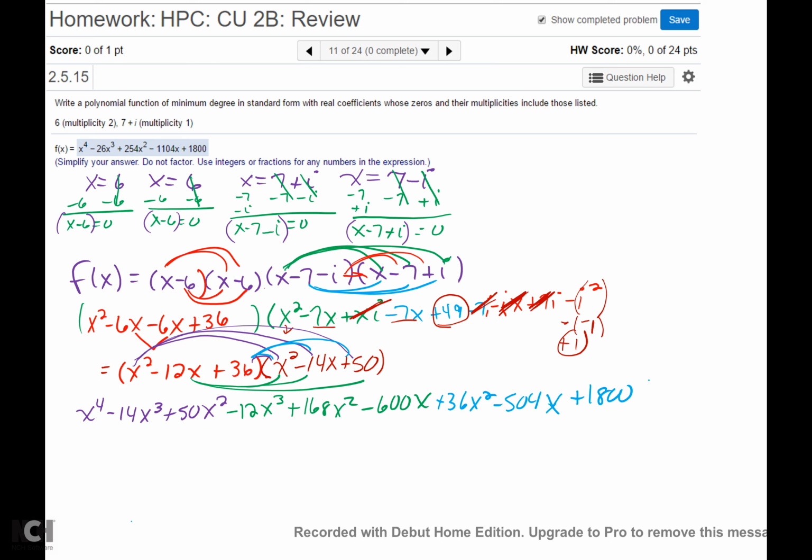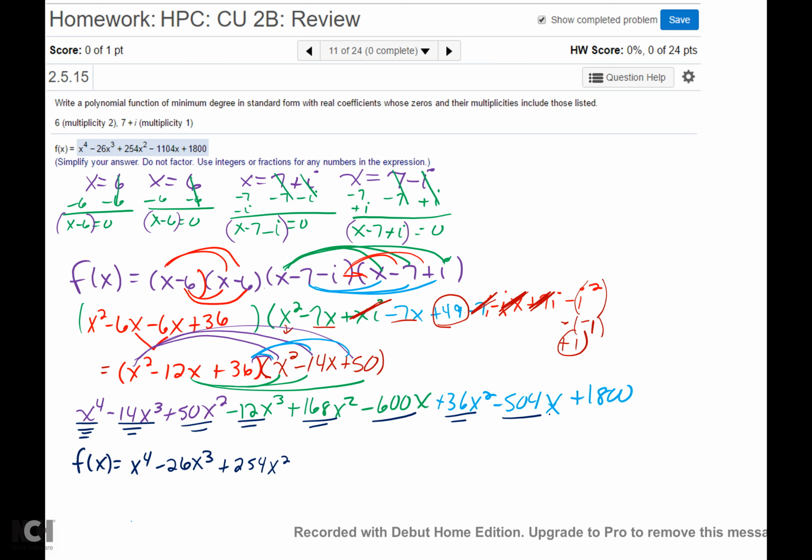Okay, now I'm going to clean it up, combine like terms, and I'm going to have my function. Now, it's 4th degree, so x to the 4th, negative 14x cubed, negative 12x cubed is negative 26x cubed, 50x squared and 168x squared and 36x squared is positive 254x squared.